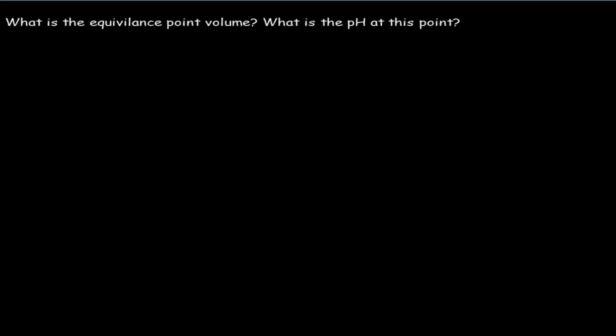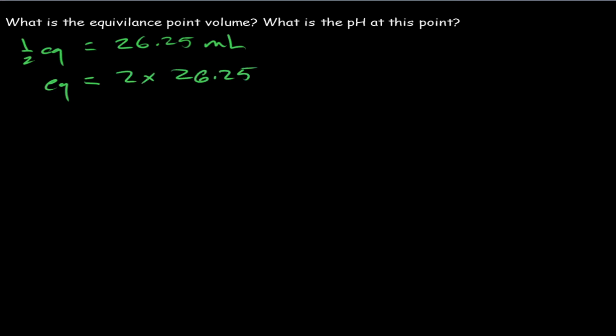So our next question is, what is the equivalence point volume and what is the pH at this point? Well, from our previous question, we calculated the 1/2 equivalence point, and that was 26.25 milliliters, which was given in our question. So the equivalence point would simply be 2 times 26.25 milliliters, which would give us 52.5 milliliters of HCl added.